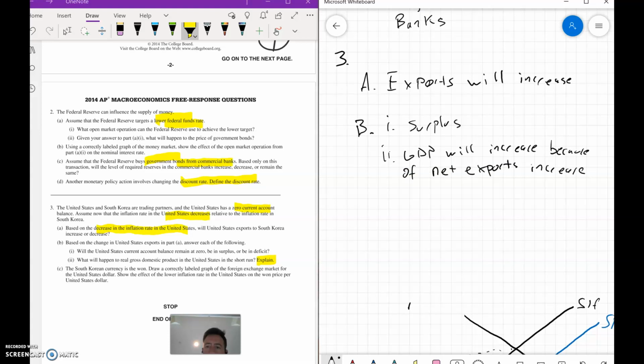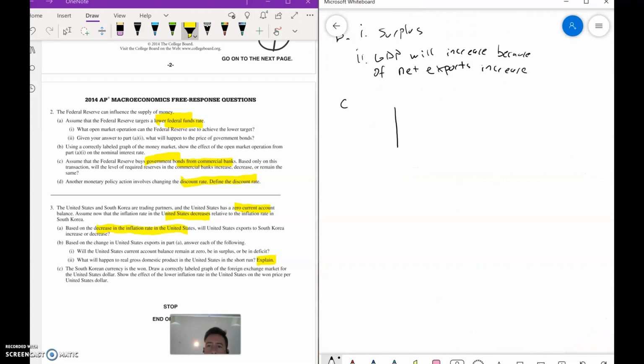And then for C, you just have to draw the foreign exchange market, which you do not have to do for the dollar. So you would have Q dollars. You would have one over dollars.